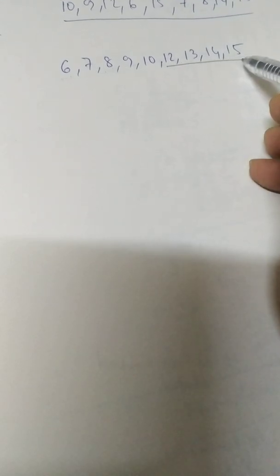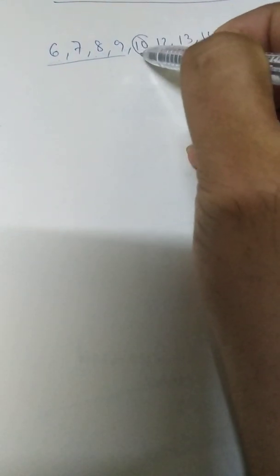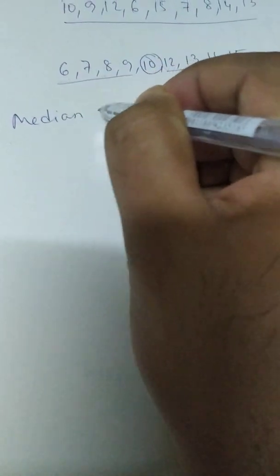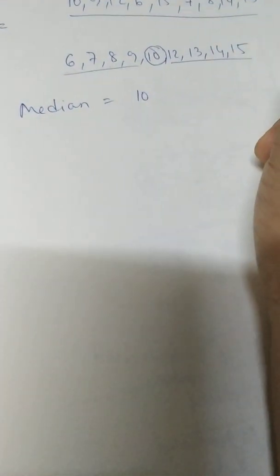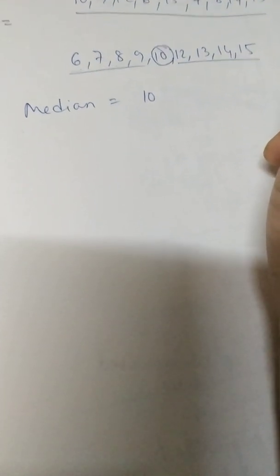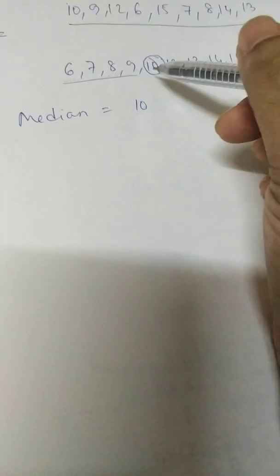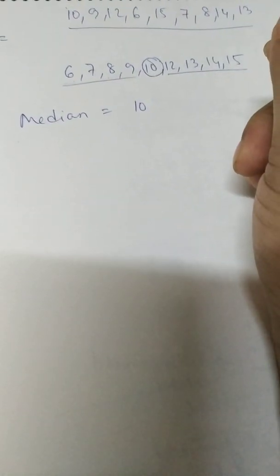Here there are 9 data points. Once you separate, the middle number is the median. So the median here is 10. The number of data here is odd, so we separated them both and then found the median.